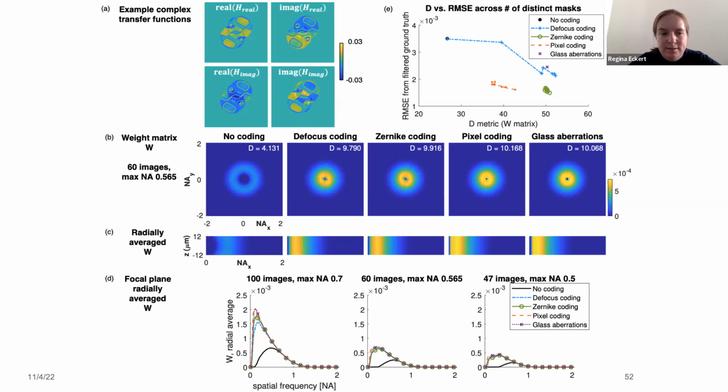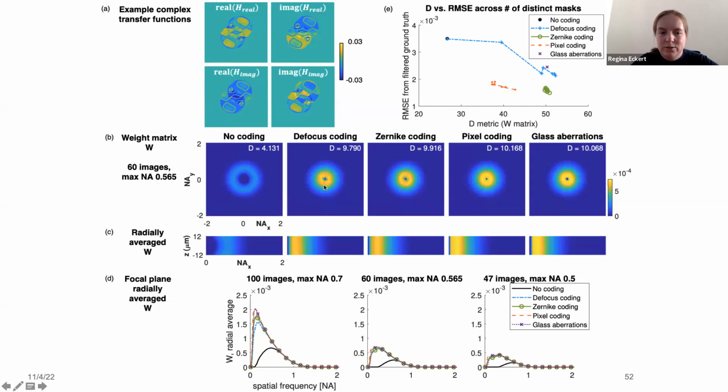Yeah, so this is a slightly expanded version of that slide, so I apologize. It's a lot on one slide. But basically, we're using a linearized forward model to do this, which is slightly different than our actual reconstruction algorithm, which uses this multiple slice algorithm, which isn't linearized, but they're built on a similar basis. The way that we quantified that is we propagate through our system and calculate the complex transfer function of each image. And then you can aggregate those into this weight matrix W. So you're seeing example complex transfer functions here at the top with some pupil coding.